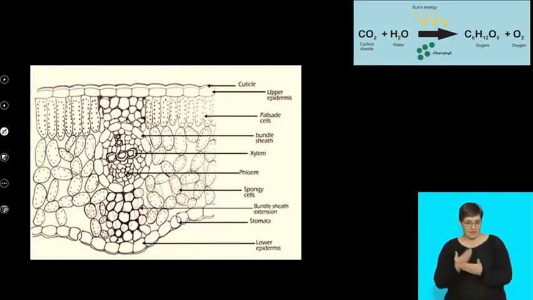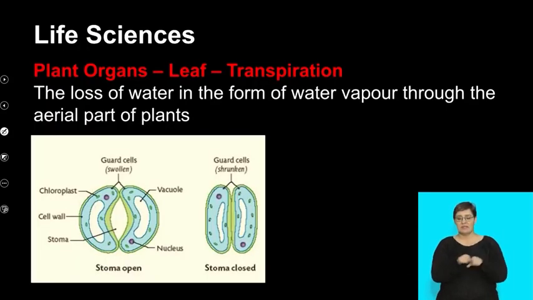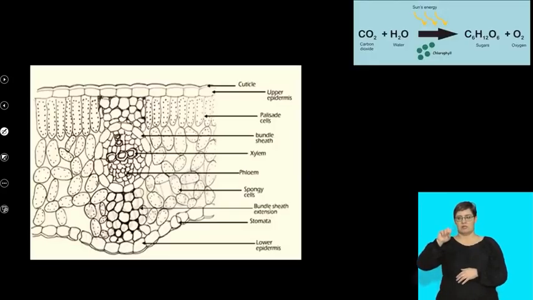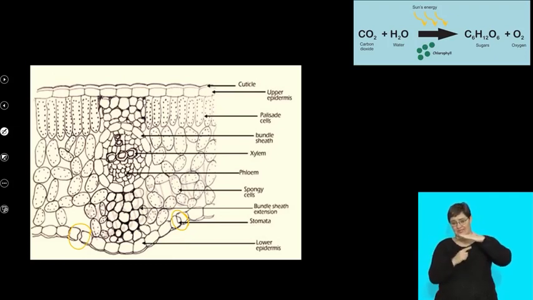The next thing that we're going to look at is this concept of transpiration. So guys, let me go back to this leaf over here. Generally in a leaf, yes, you can find some stomata at the top, but generally we want the stomata to be at the bottom.